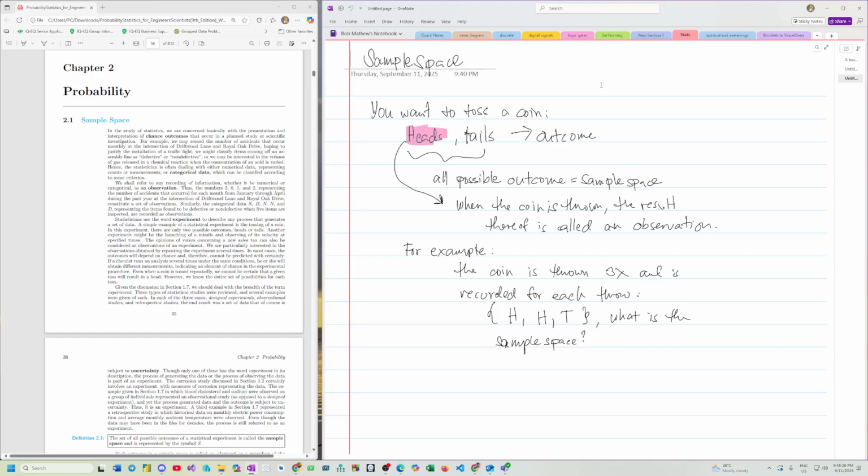So when we say sample space, we're still referring to all the possible results. Even if you have a long list of heads and tails, when we say sample space, it only refers to heads and tails because those are the only possible results. But if it is asked like this, what is the second observation?